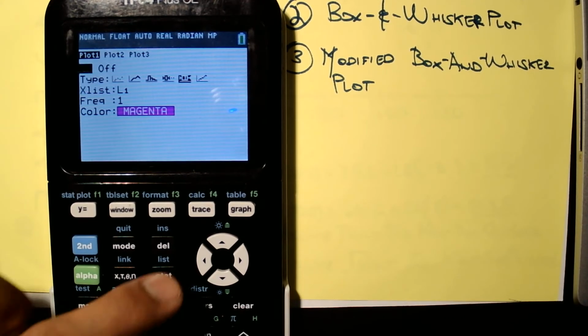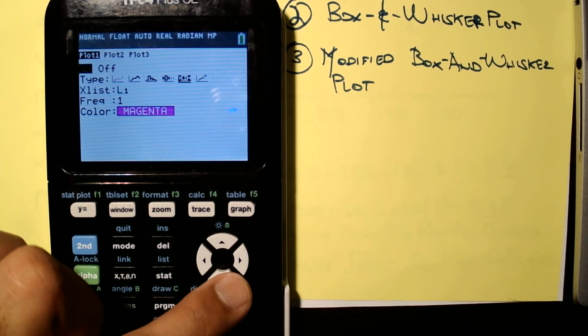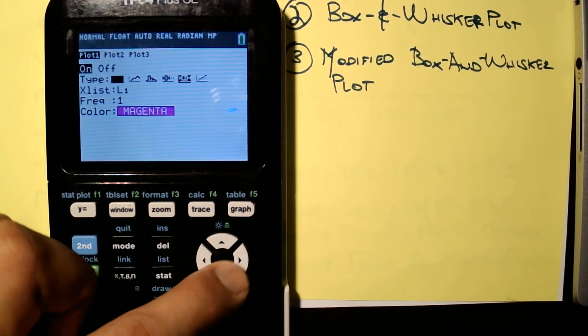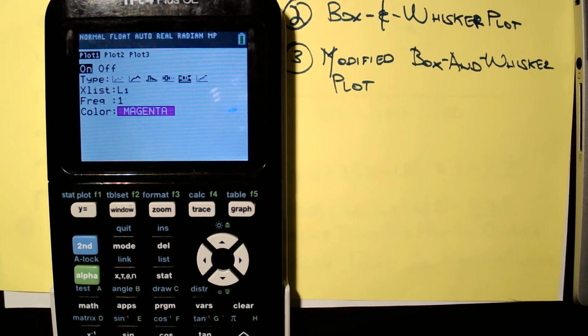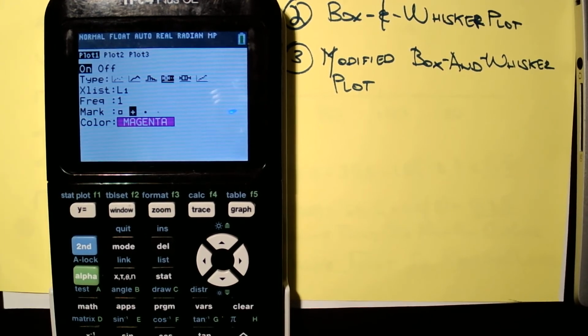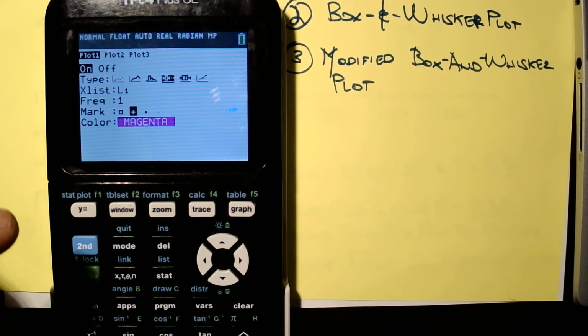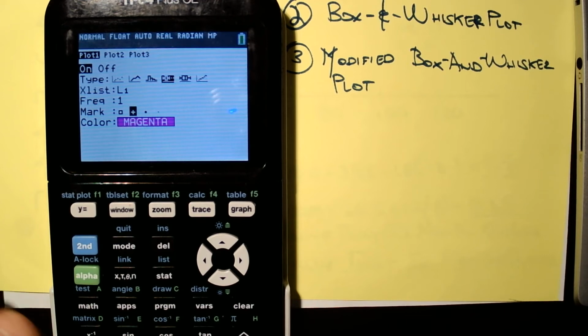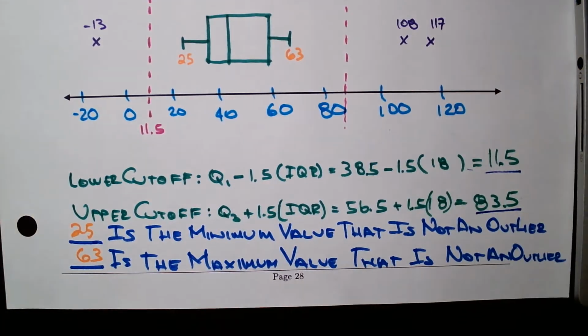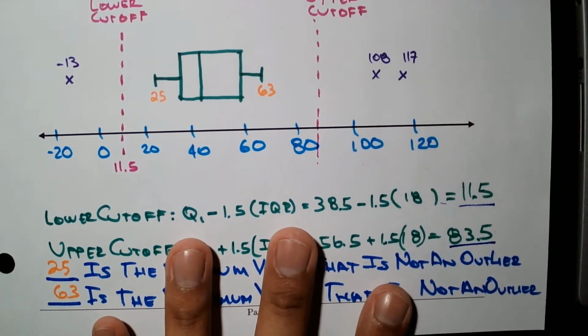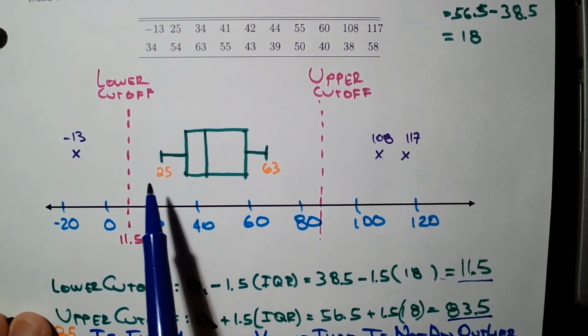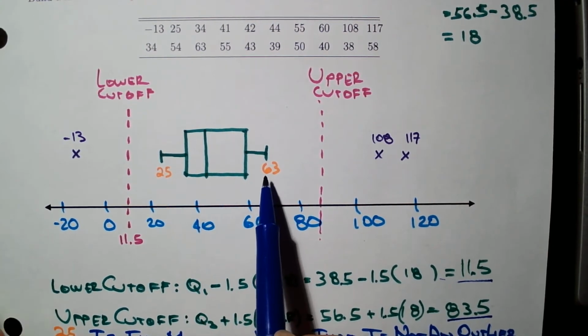Let's find out. First of all, let me show you the graph that I did by hand. So this is the graph that I did by hand. Okay, so we are going to have the 25 and 63.